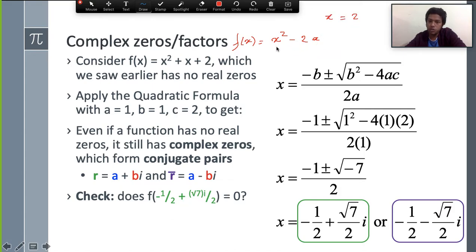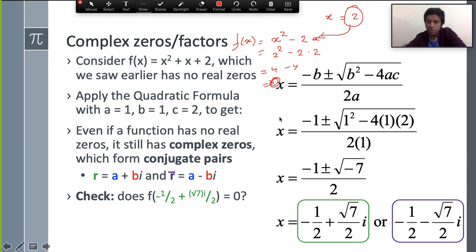If you put x = 2 here, then the function becomes 0: 4 minus 4 equals 0. So if this is a real zero of the function, we can prove it by plugging this value into the function, and the function will become 0.